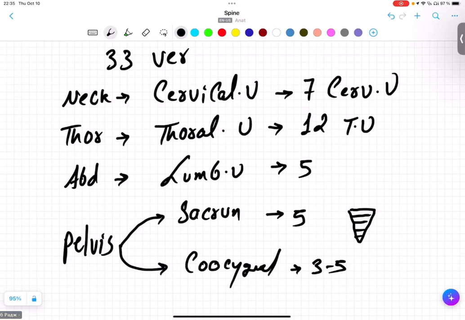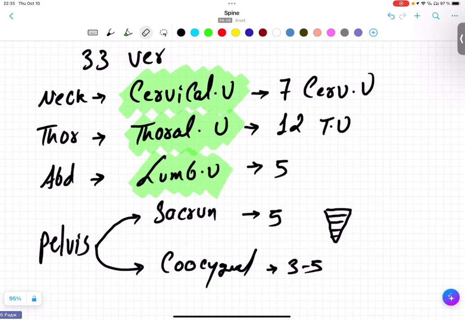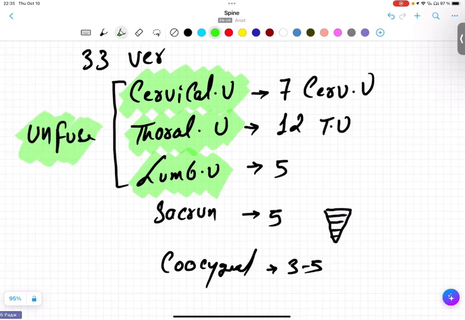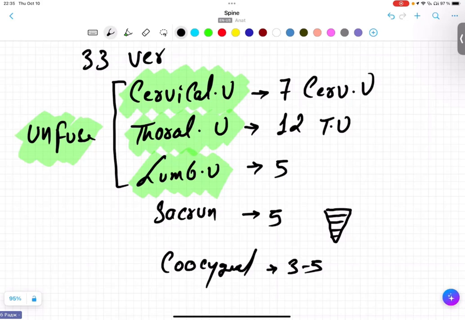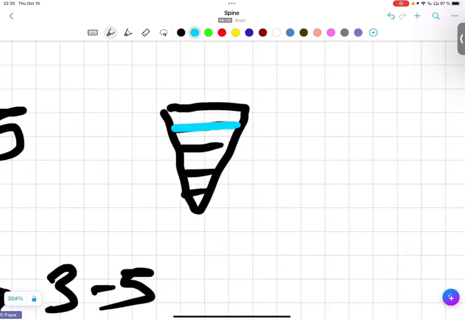Now see, the cervical vertebrae, thoracic vertebrae, and lumbar vertebrae are unfused. But with age, as you enter the teenage years, the sacrum starts to fuse. For example, here you had this cartilage.